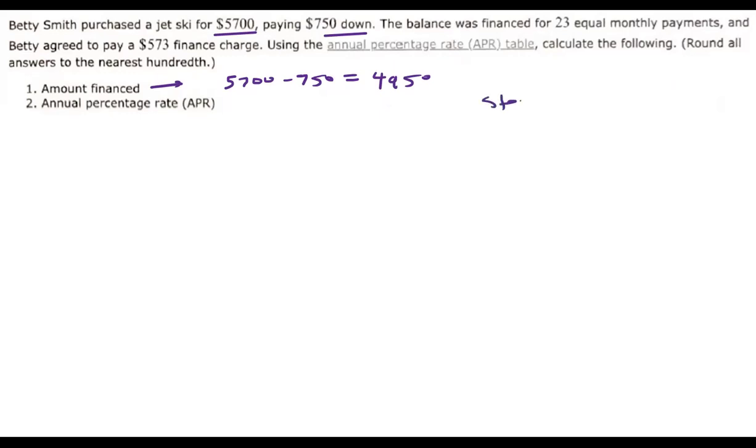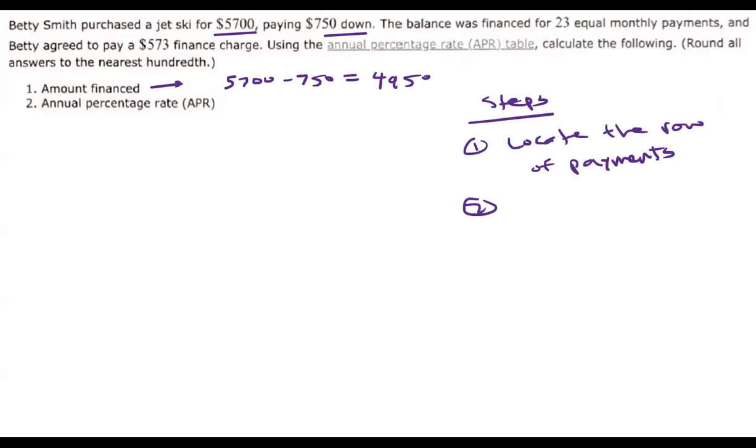So let me write those steps down. So step number one, we need to locate the row of payments. Step number two, find the amount closest.